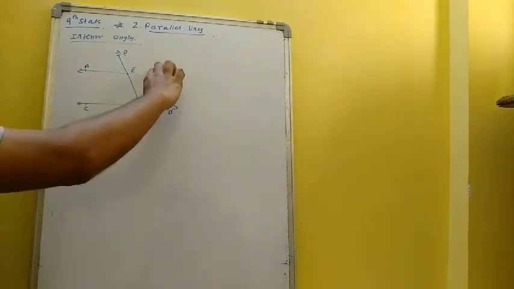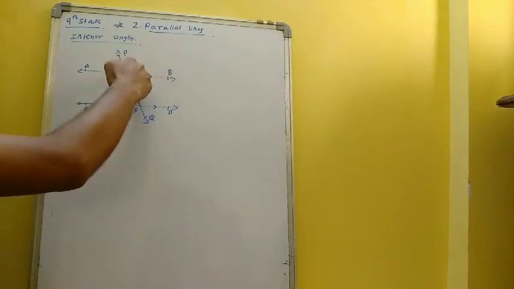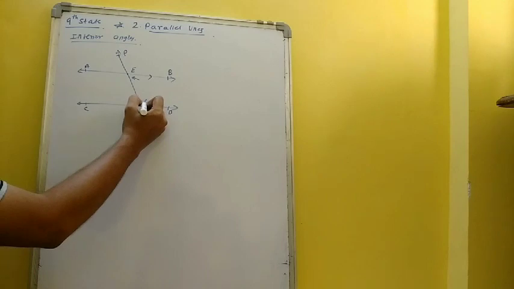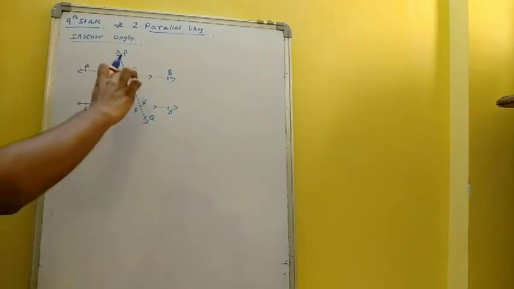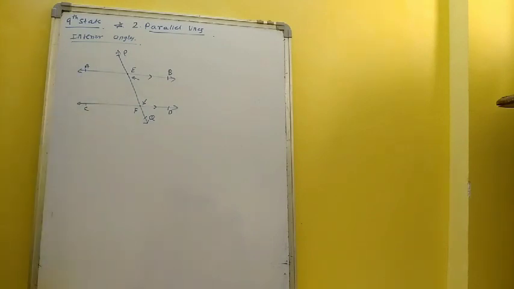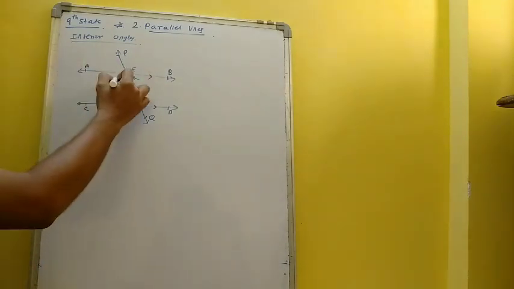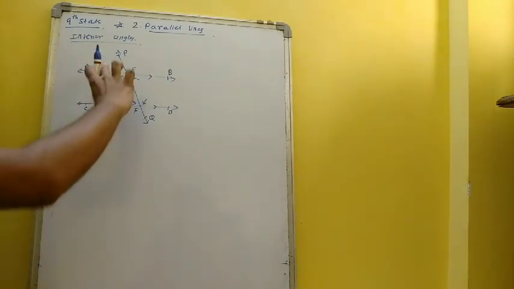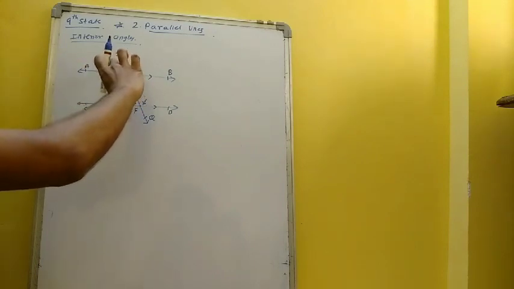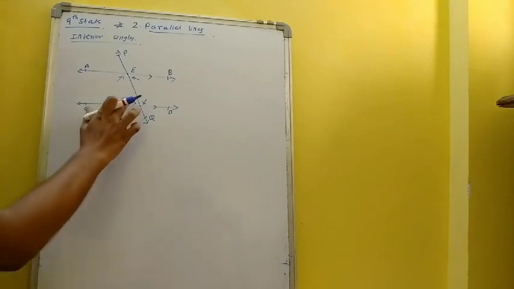Between the two parallel lines and the transversal, we have two angles over here, this angle and this angle. The vertex of this one is E, and the vertex of this one is F. On this side, again we have this angle and this angle between the two parallel lines. The two angles should be between the two parallel lines.